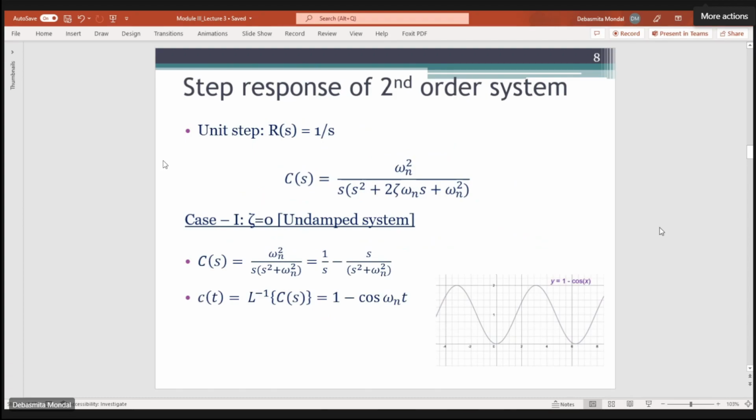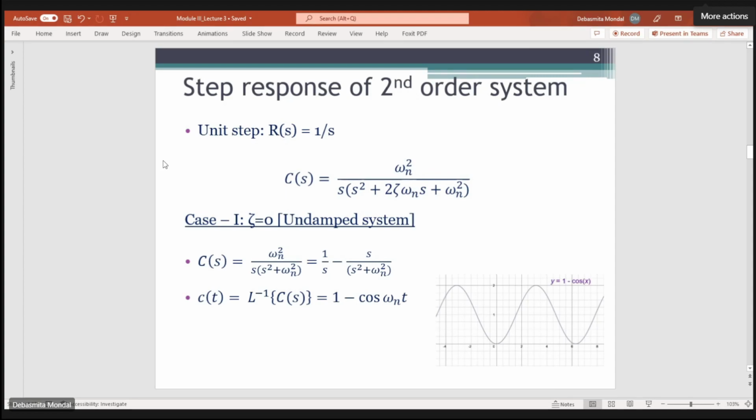Now similarly, let us see the time response of the second order system when we have a step input. For the undamped system, that is zeta equals 0, the output is given by 1 minus cos omega n t.